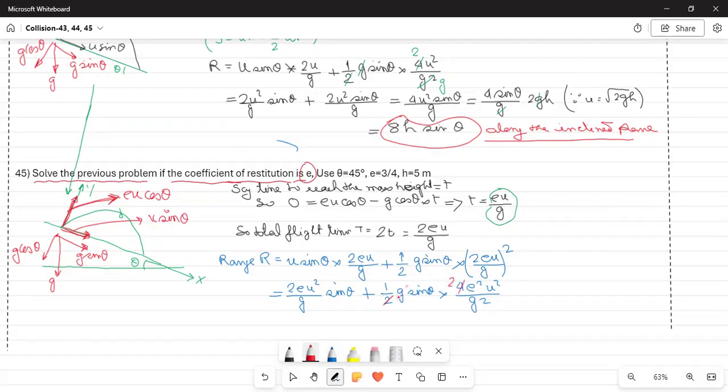And this g and g squared cancelling, we are left with g. So this is equal to 2 e u squared sin theta by g plus 2 e squared u squared sin theta by g.